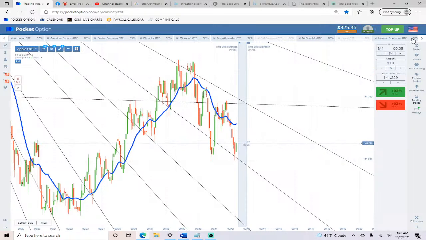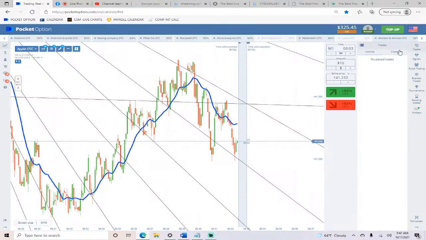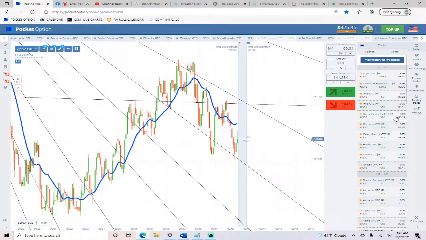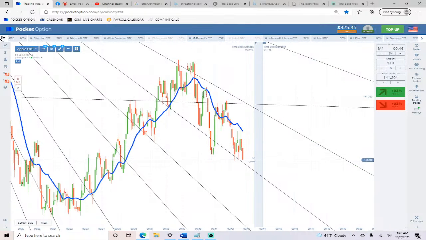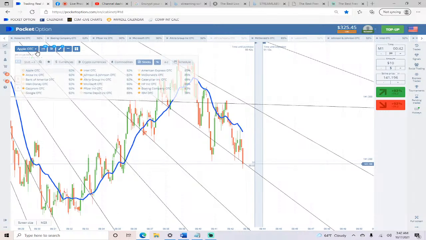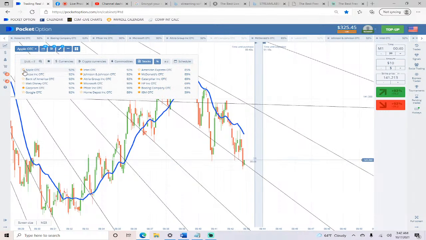What was my first trade on? Look at this. This is ridiculous. Look at all these. American Express. Let's get rid of that. Let me make sure I have the high payouts on.